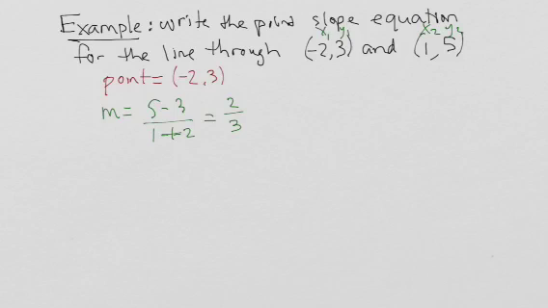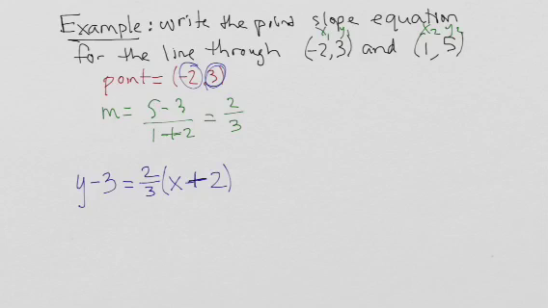So now if I want to write the equation in point slope form, I will put in y minus, again there's always a minus in the formula, and then my y1 number, which comes from this point I've chosen, 3, and then equals my slope, 2/3, and x minus my x coordinate, -2, and when I minus a negative, it's going to act like a plus. All right, that is point slope form.